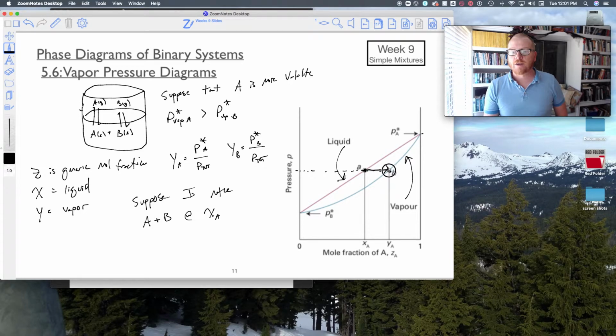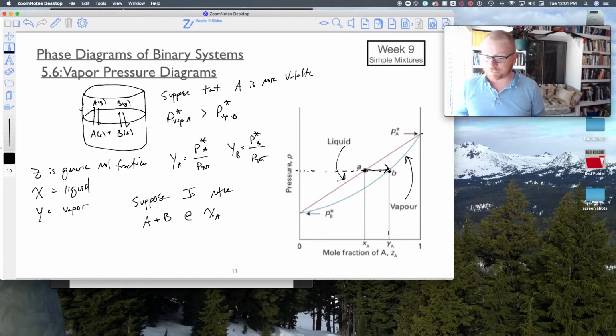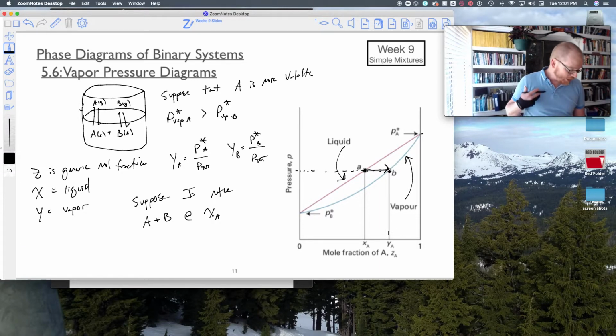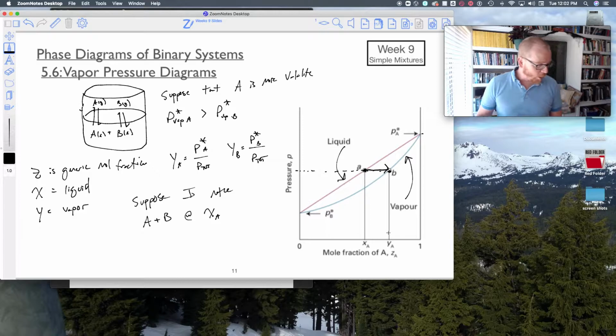And now that gives me my concentration of A in the vapor. And it will always be true that the more volatile component, in other words, the component that has the larger vapor pressure, will have a larger concentration in the vapor. Hopefully that makes sense, okay?